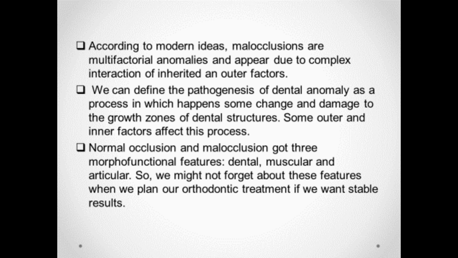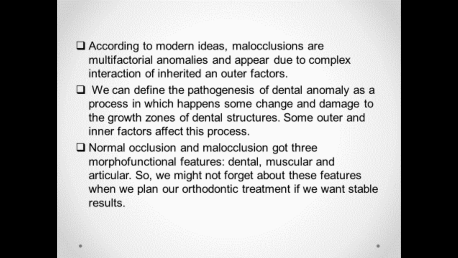We categorize dental anomaly into three types: inherited, congenital and obtained dental anomaly. These anomalies can be postnatal or prenatal. Genealogical analysis proves that the number of teeth, their size and shape, and disproportional jaws and teeth are inherited.